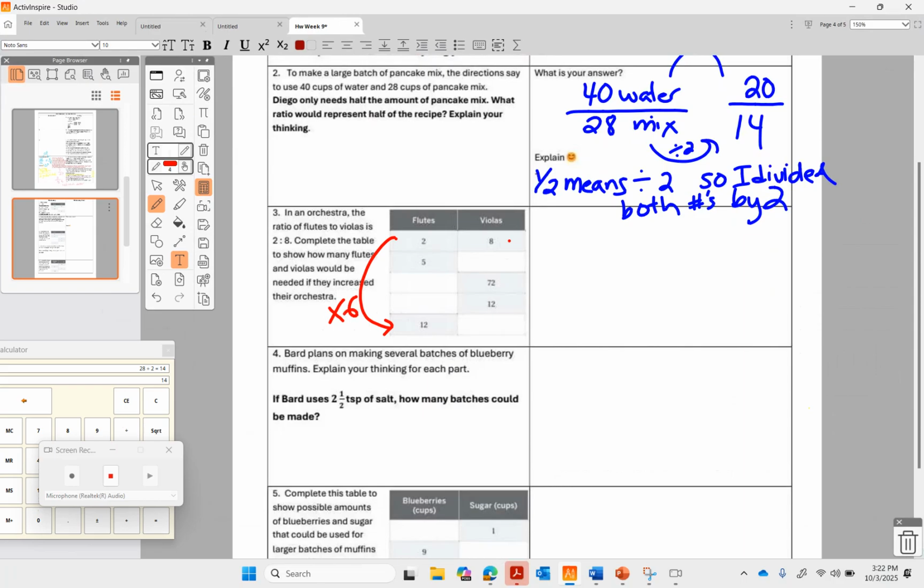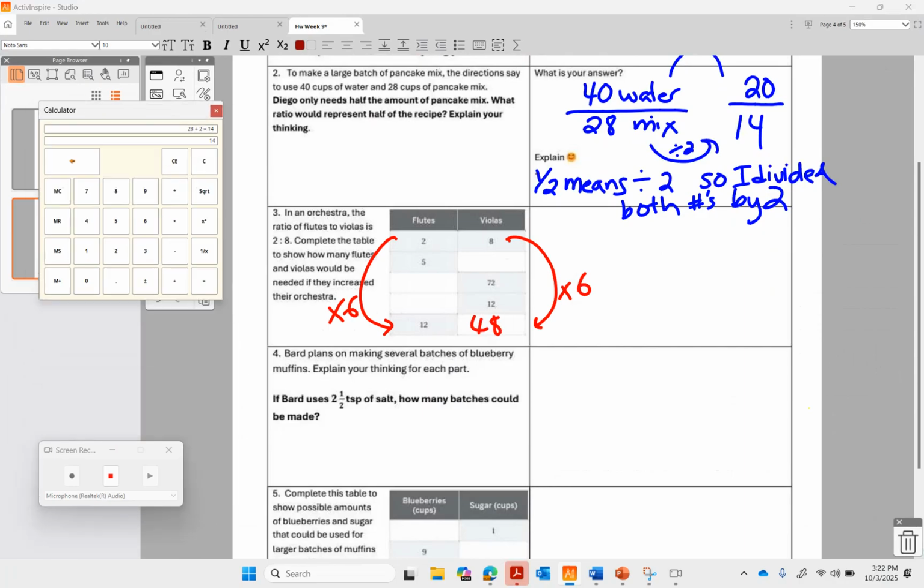So 8 times 6 is 48. What if you say, Mrs. Falk, I don't know 2 times what is 12? You can use fact families. 12 divided by 2, and you can even use your calculator. 6, so 6 goes there. Okay? So I got 48 here.